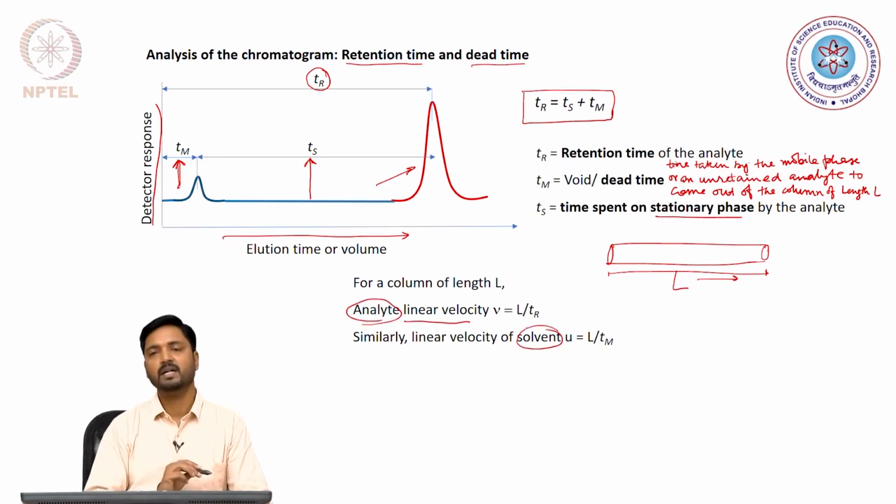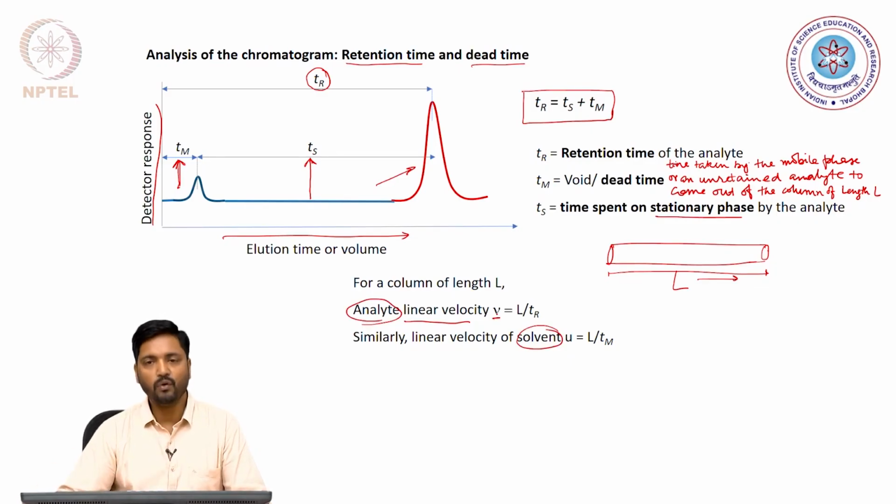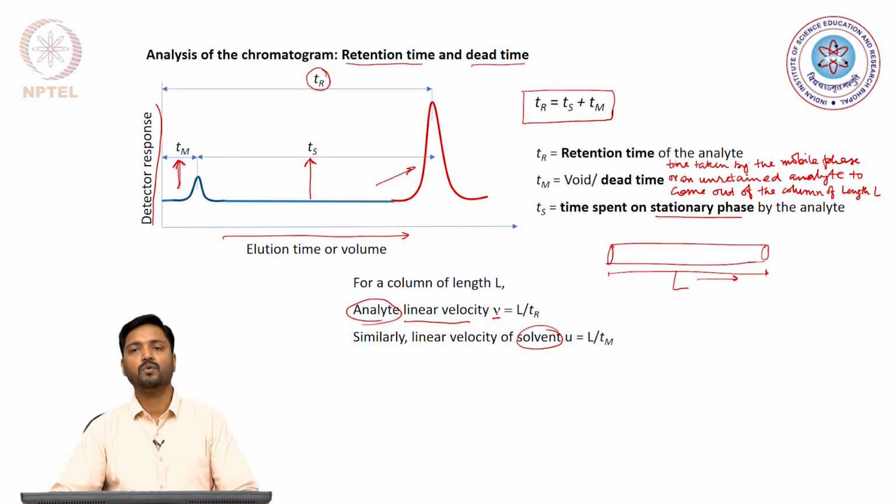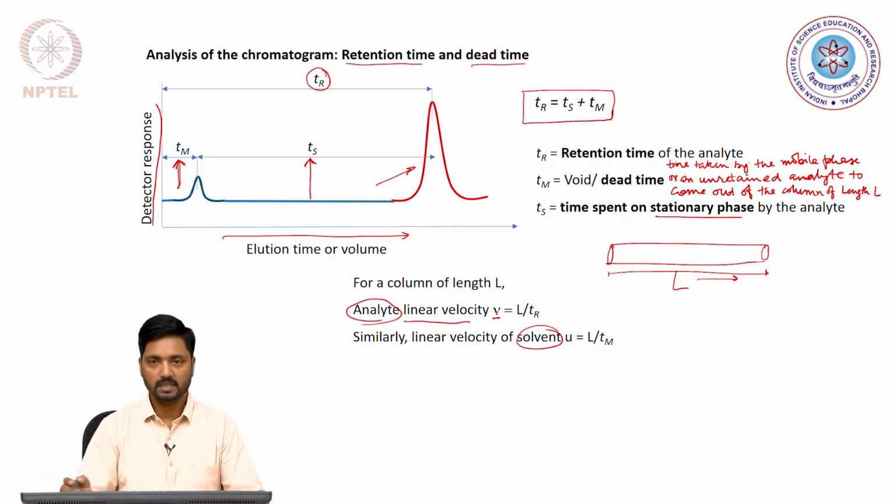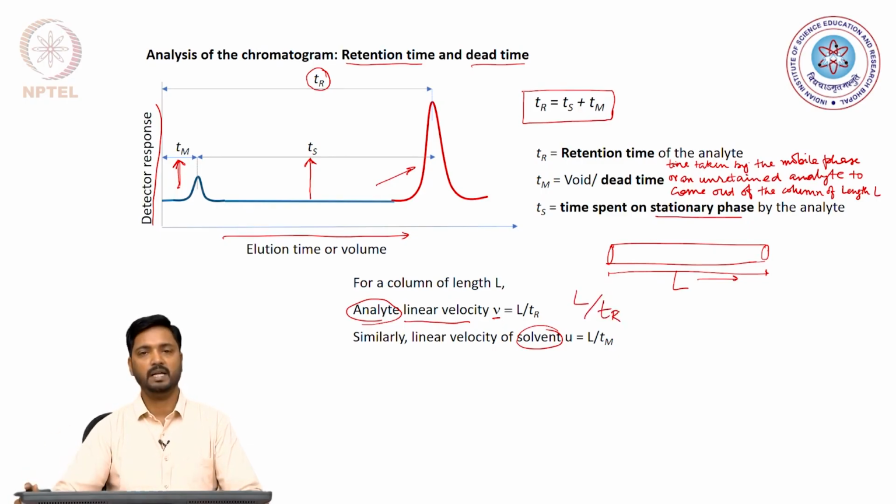of the solvent, and they are described by the term nu for the analyte and u for the solvent. So, we have the linear velocity for the analyte being described as the length of the column divided by the retention time of the analyte. So, this describes the average linear velocity of the analyte.